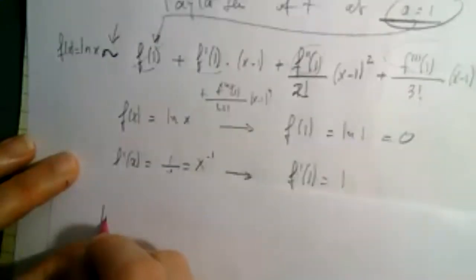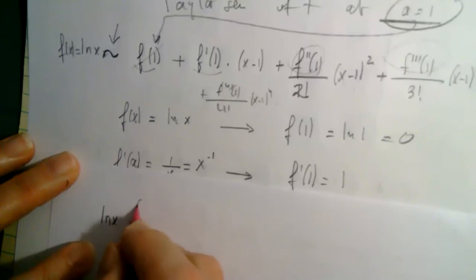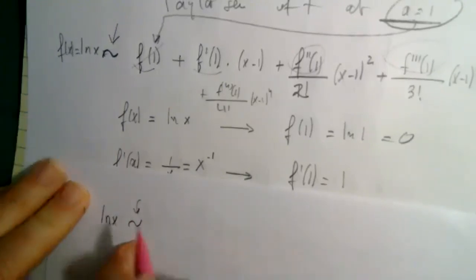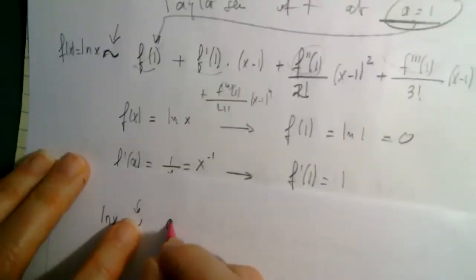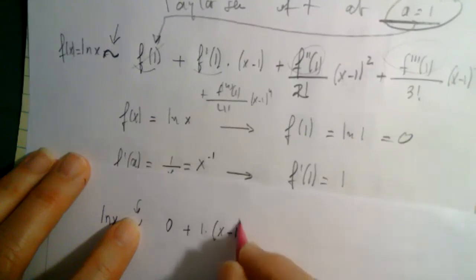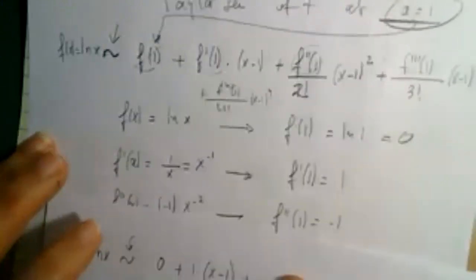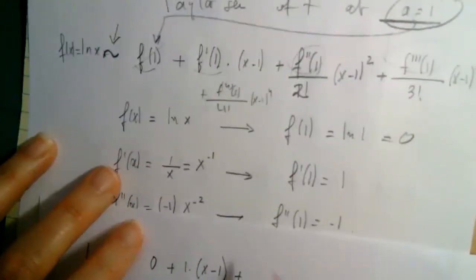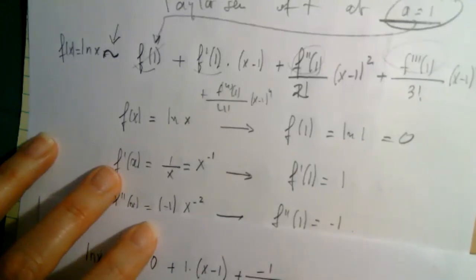So this tells me that ln of x, we'll talk more about this notation very soon, is f of 1, which is 0, plus f prime of 1, which is 1, times x minus 1, plus the second derivative, which is minus 1 over 2 factorial, times x minus 1 squared.